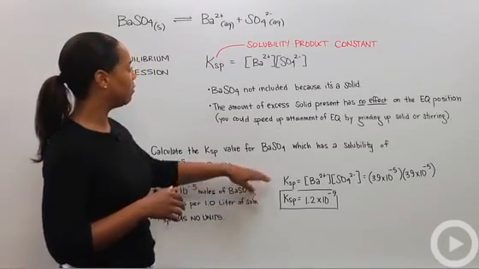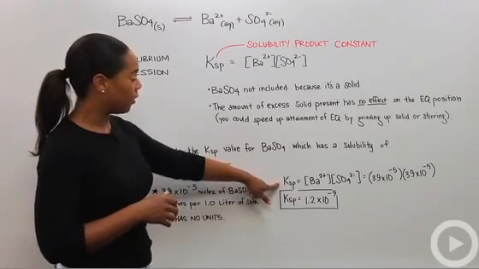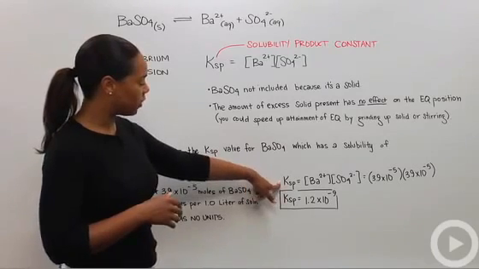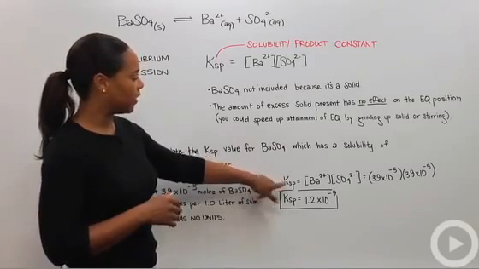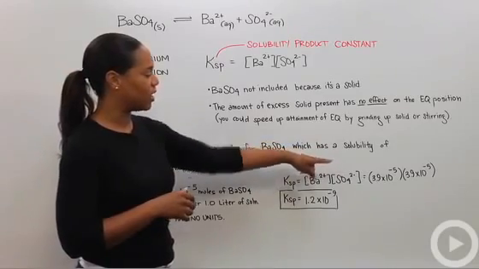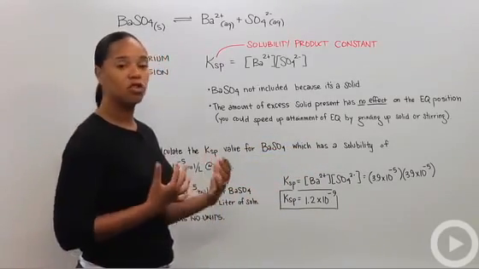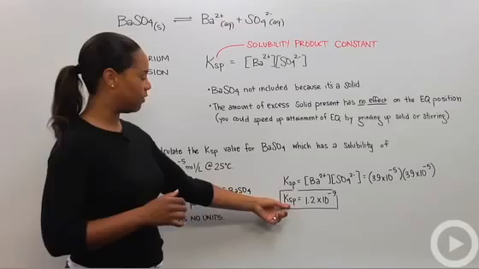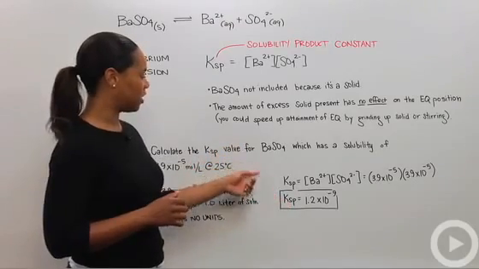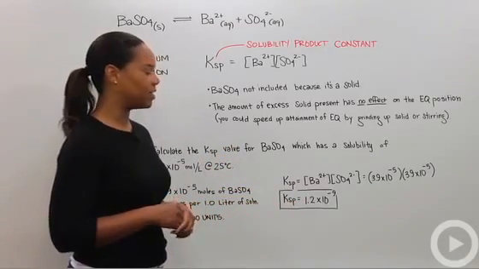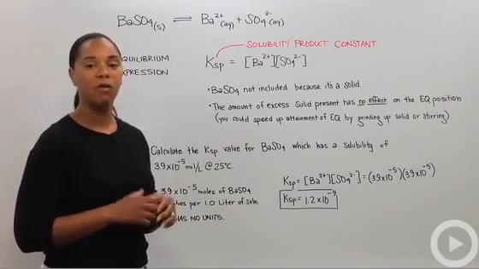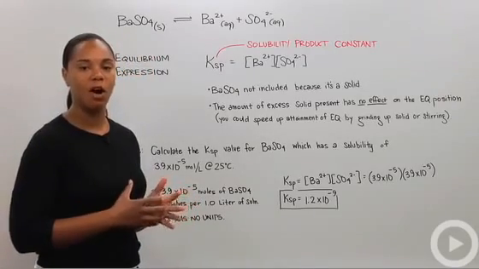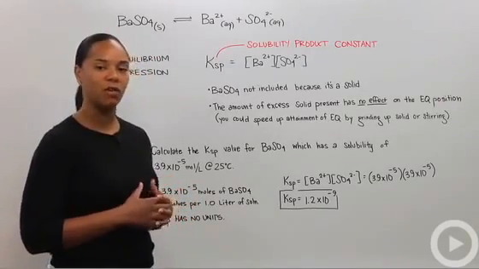We can plug that into our equilibrium expression. Then Ksp is equal to 3.9 times 10 to the -5 squared, which will give us a Ksp value for this particular scenario of 1.2 times 10 to the -9. Again, remember that your equilibrium constants are unitless, and that's solubility equilibria.